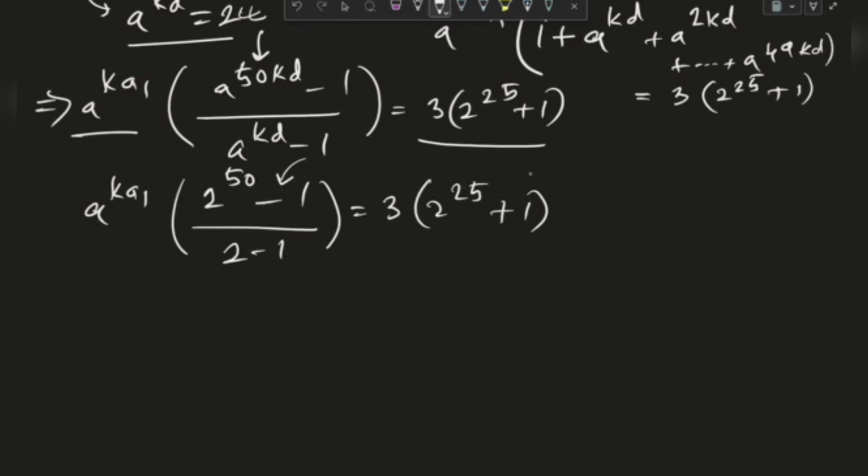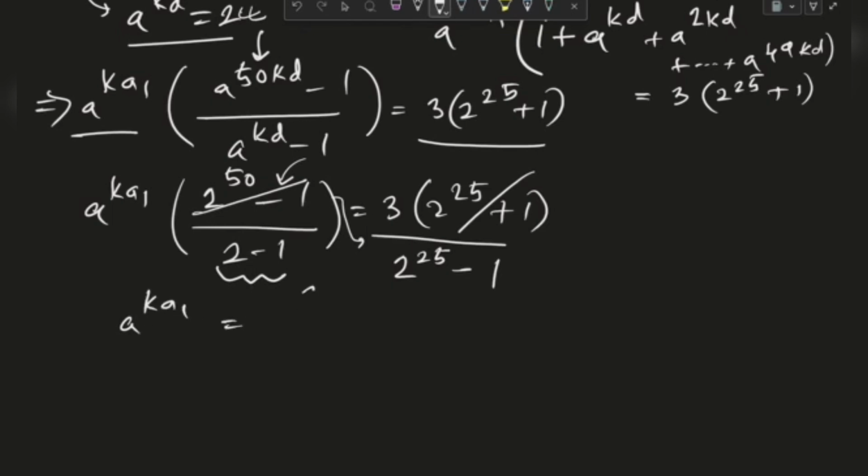So we can strike this out and bring this here. So I'm writing it down. This is 2 power 25 minus 1. So finally 2 minus 1 is 1, and we get a power k1 as 3 divided by 2 power 25 minus 1.